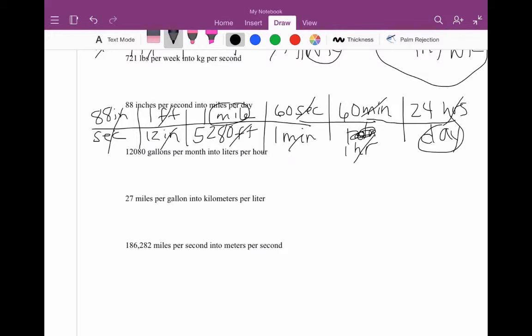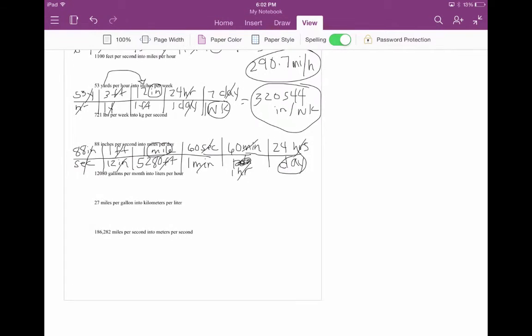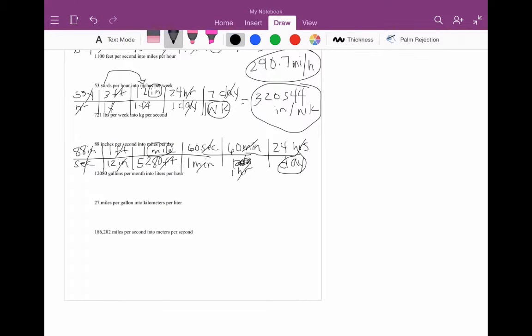To find the answer, we multiply everything on the top together. So we are going to have 88 times 1 times 1 times 60 times 60 times 24, which will give us 7,603,200 divided by everything on the bottom multiplied together.